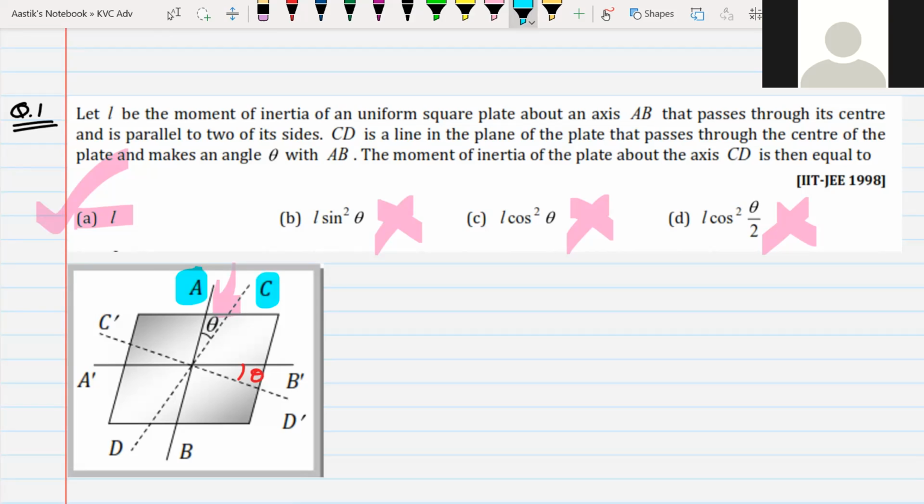Remember what you have done. Otherwise, there is no point in doing all these things. If you don't remember, it will go waste. You cannot let it go waste. I hope you understand this. Yes or no? Yes, sir. So remember things. Okay. Let us move on to the next question.